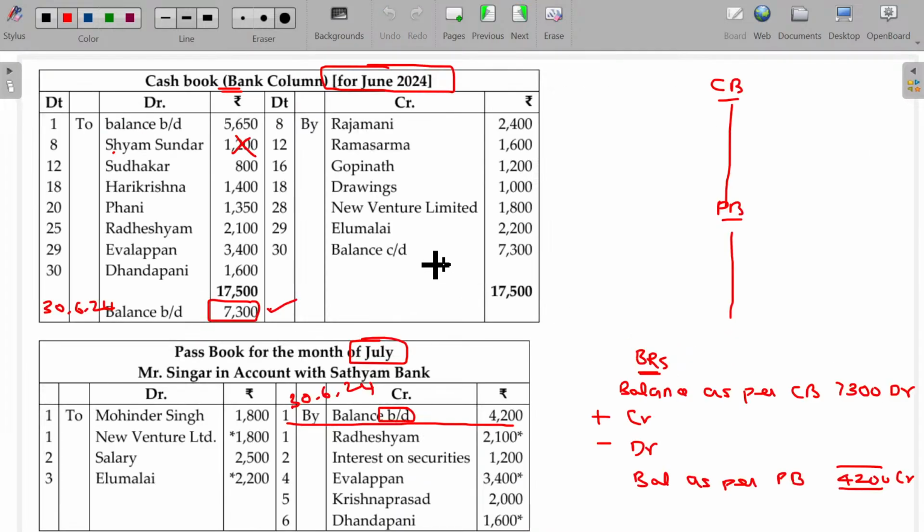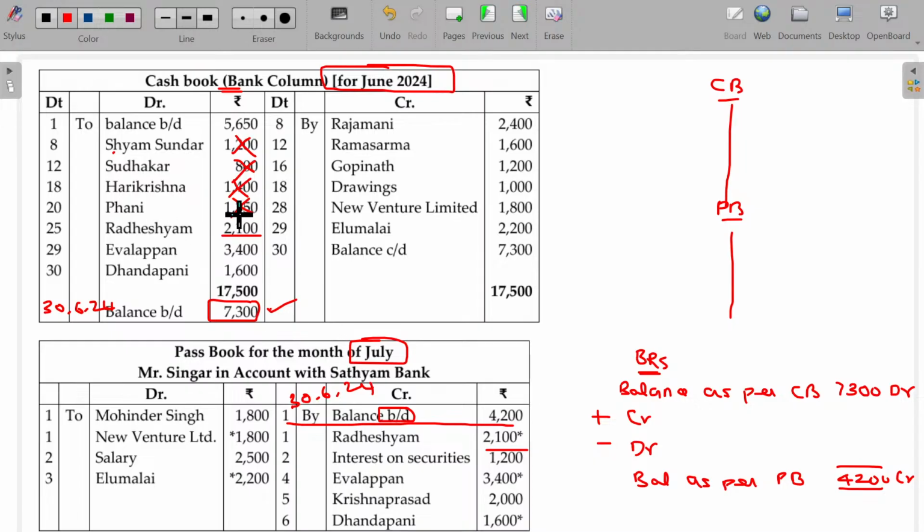So here you see, Sudhakar 800 is not appearing here, meaning it might have been collected in the same period itself. Hari Krishna 1400 not appearing here, may be collected in the same period. Fani 1350 not appearing here, may be assumed to be collected in the same period. Radha Shyam is matching here. What does it mean? Not collected in June, collected in July.